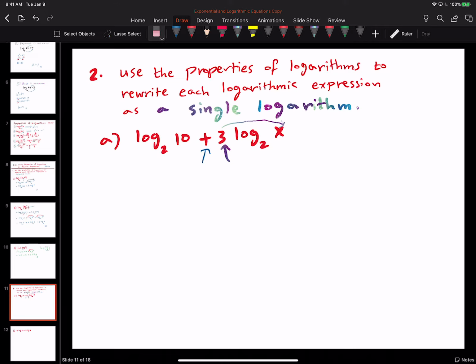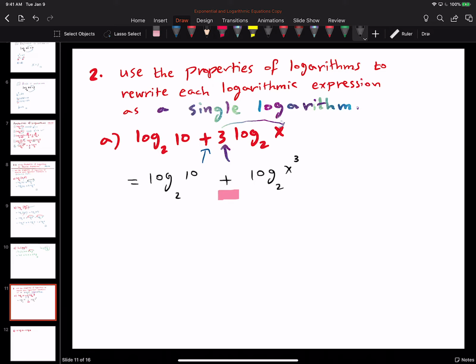So we have log 10 base 2 plus log x base 2, but the 3 I want to put back in as an exponent, so it's a 3. Now since we have an addition, that comes from the product rule.